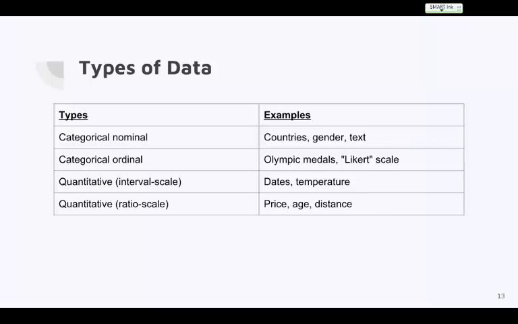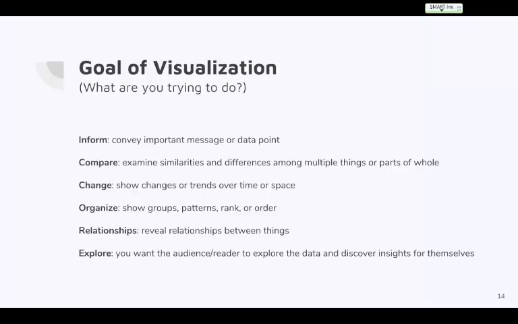I really like the types and goals of visualizations. And if you look at the second page of this handout, there's a table that identifies the goal of the visualization, the definition of what that actually means, and then what visualization is appropriate for this type of goal.